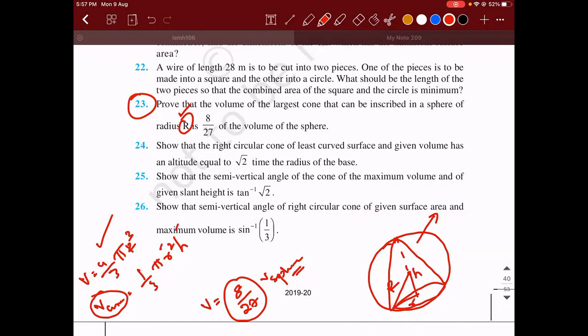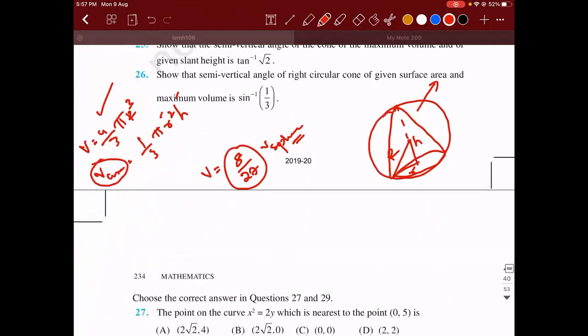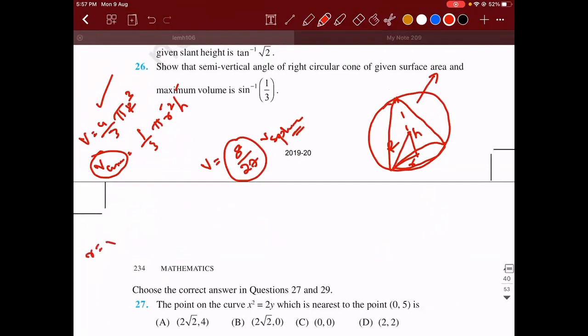Okay, volume of the cone is dependent on small r and h. Correct? So we need to make the volume of the cone a function of one variable. For that, what do we do? We can take r equal to root of capital R square minus h square. Substitute it there, then you will get the answer. So volume of cone will be equal to 1 by 3 into pi into capital R square minus h square into h. So volume of cone is a function of height.